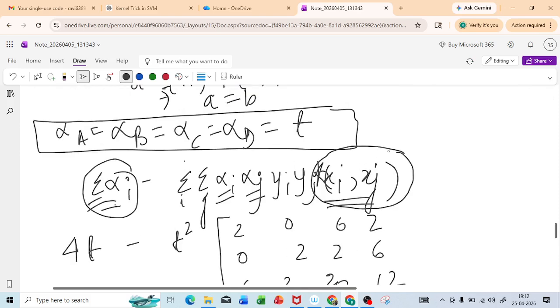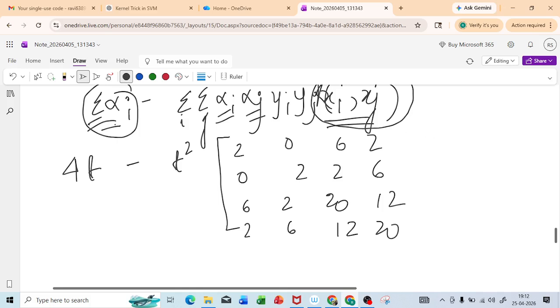But at the same time we have not taken into consideration y i into y j. If we talk about this specific point, which is nothing but AA, the label would be plus 1 into plus 1, because the label for point A was plus 1, same for B, plus 1. The label for C is minus 1 and D is minus 1.